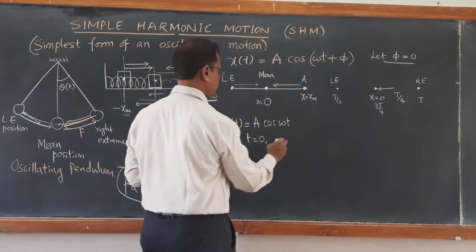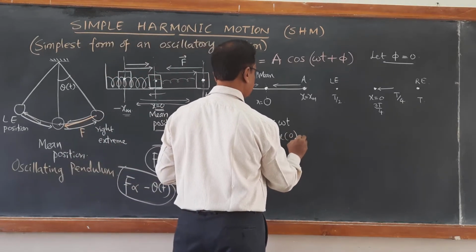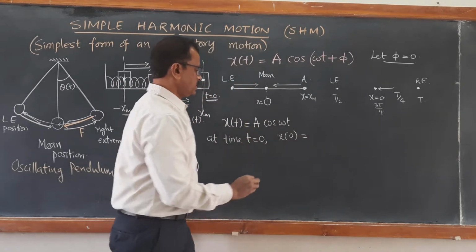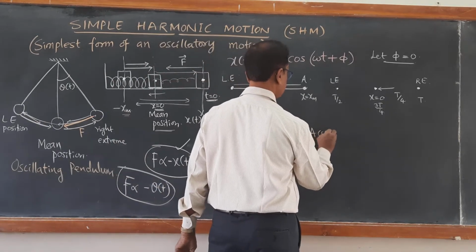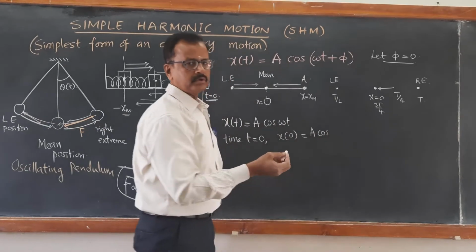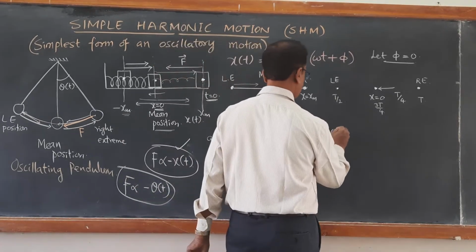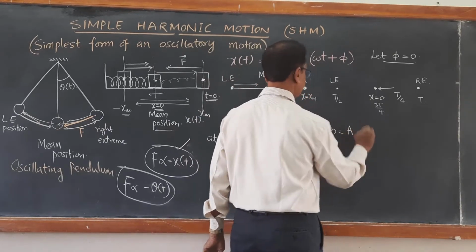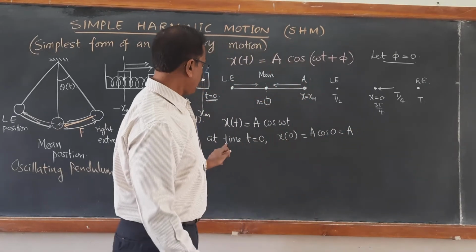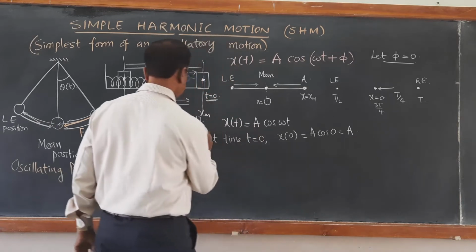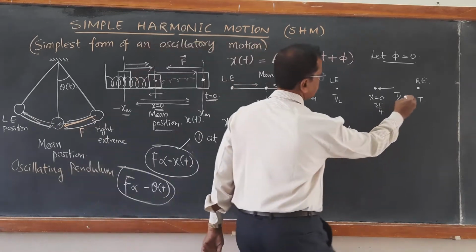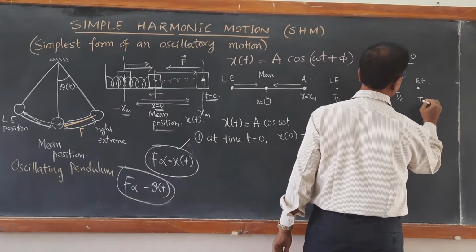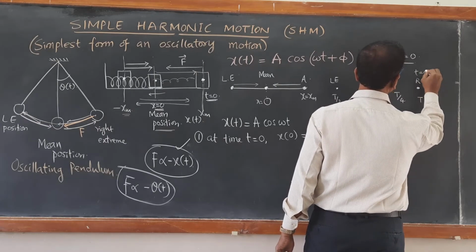At time t equal to 0, x at 0 becomes a cos 0. Cos 0 is 1, so it becomes a. So at time t equal to 0, the initial position is this one.